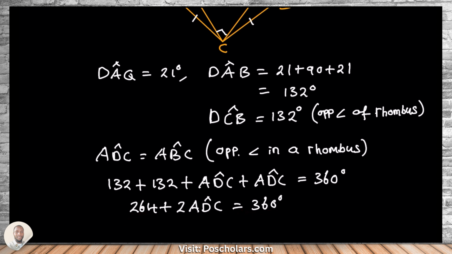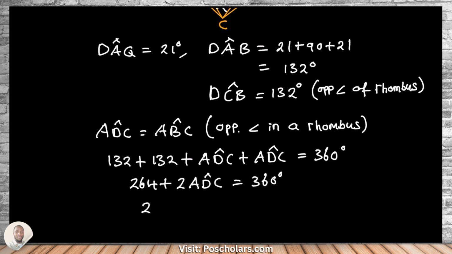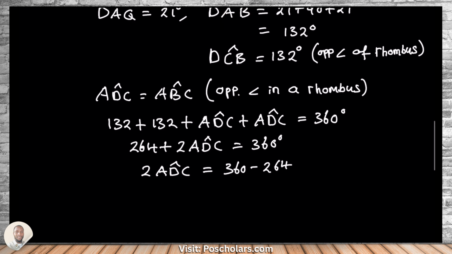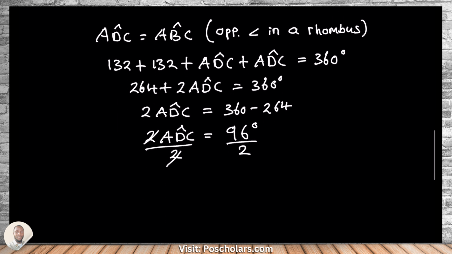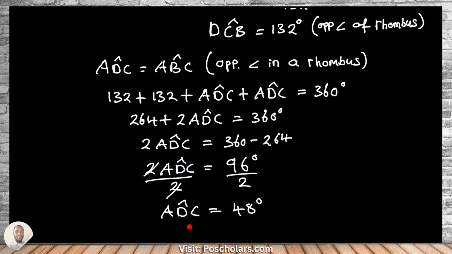You'll be left with 2 ADC on the left hand side and 360 minus 264, which gives 96 degrees. Next, you divide both sides by 2, so 2 cancels 2. Finally, angle ADC equals 96 divided by 2, which gives 48 degrees.